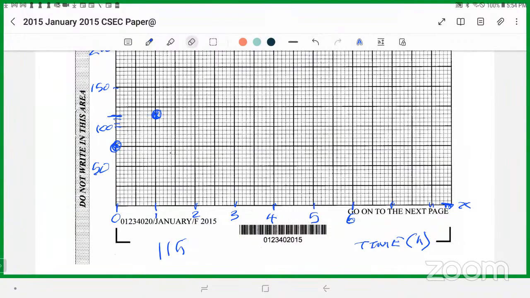The next point is 2. I add in 40 again. 2, 155. That's right here. This is 150. 155 must be right here. That comes over the 2. This is the point.